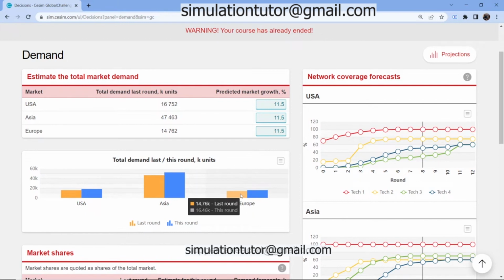Then again, last round in Europe they sold 14,000, and they are projecting to sell about 16,000. You see, they are basing this on the fact that their market will be improving. That's why you see the total demand for this round keeps on rising.